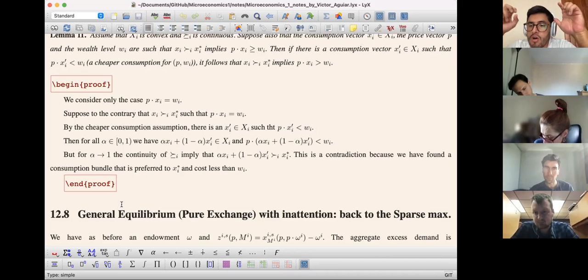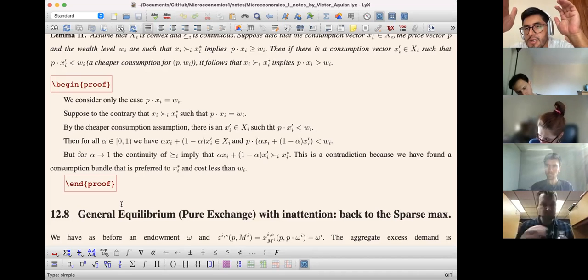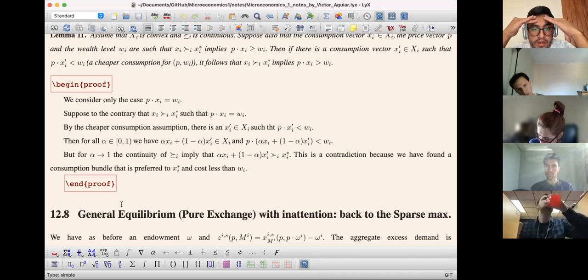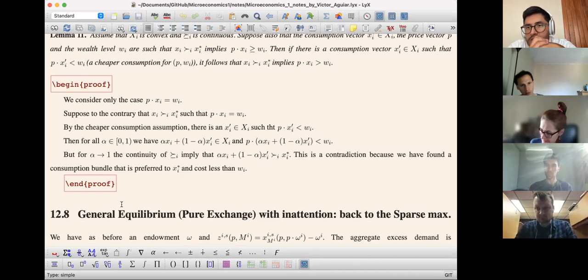Now, if you want to go the whole way, you also need preferences to be continuous and the consumption set to be convex. Taken all together, you can take any Pareto allocation and find a price that will generate the whole thing. So this is the second welfare theorem, about implementing an allocation by means of prices.